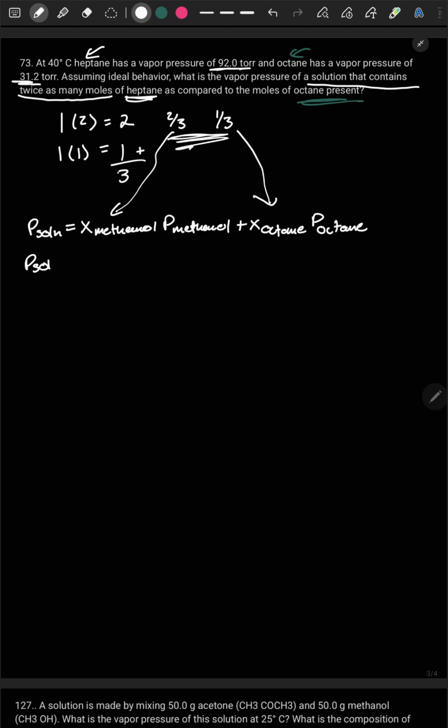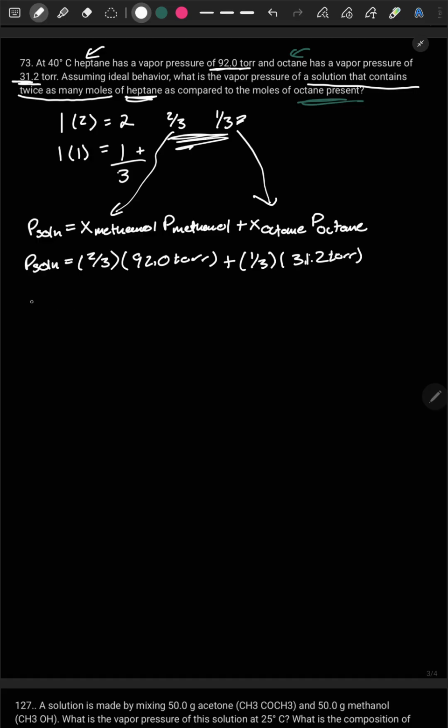So the pressure of the solution is equal to the X of the methanol, which we found to be 2/3, times the pressure of the methanol at 40 degrees, which is 92.0 torr, plus the 1/3, which is from right here, times the pressure, which is 31.2 torr.